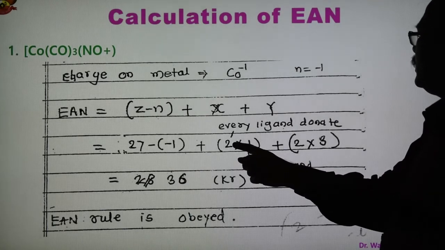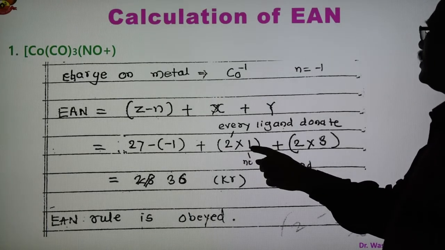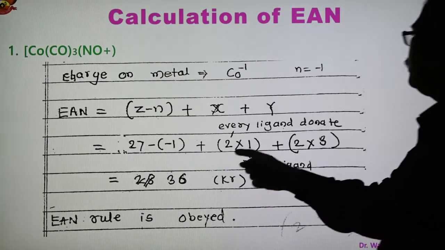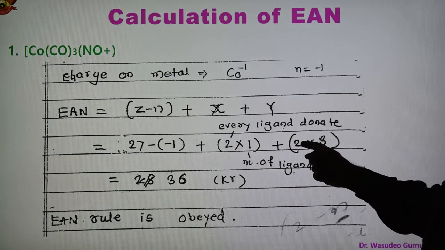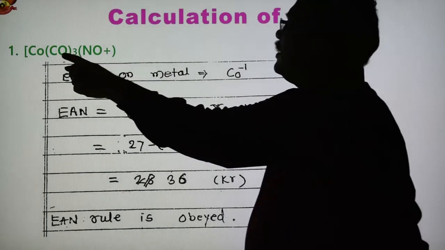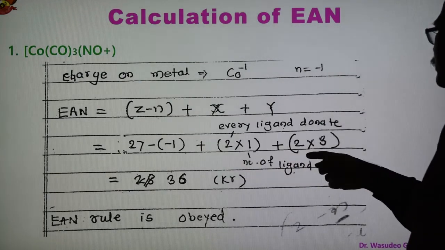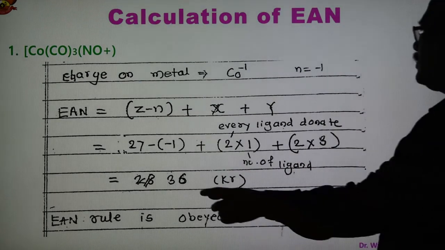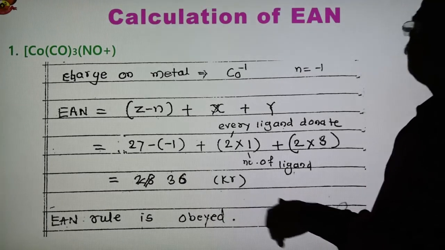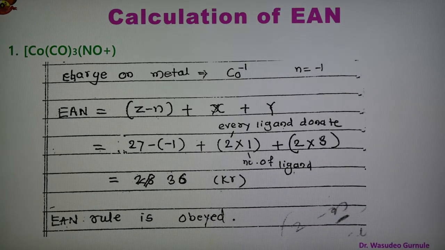There are 2 electrons and 1 NO, so 2 into 1, and the other ligands are 3 CO, so 2 into 3. Adding all this we get 36. This 36 is the atomic number of the next inert gas, krypton. Therefore we can say that the EAN rule is obeyed.